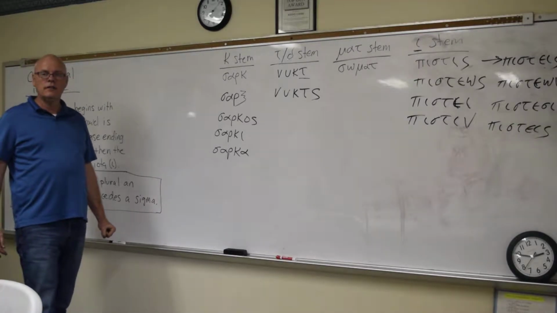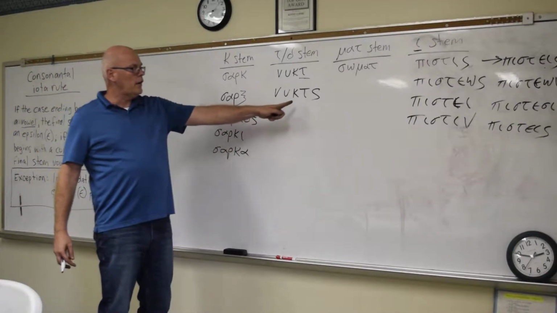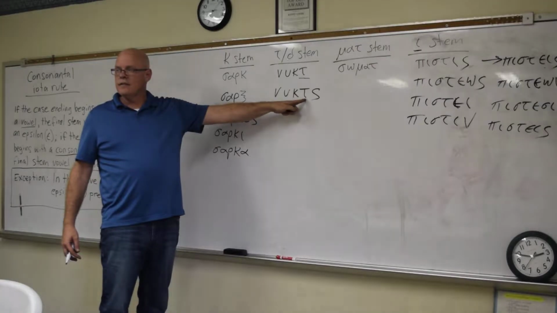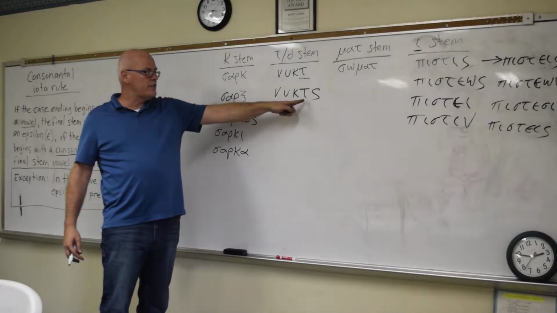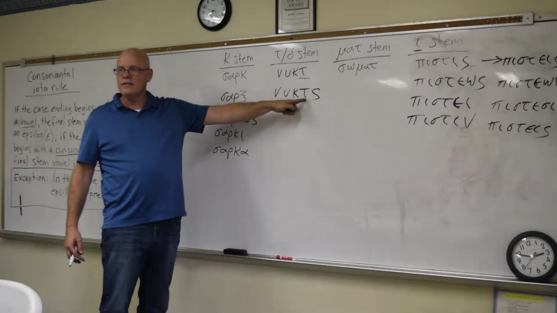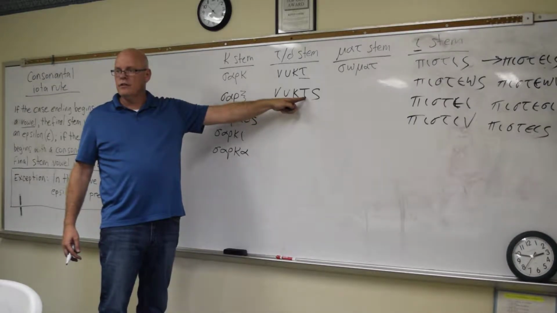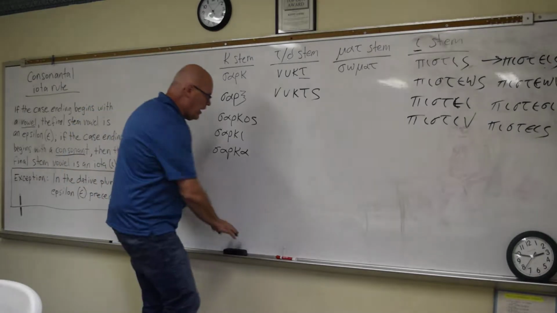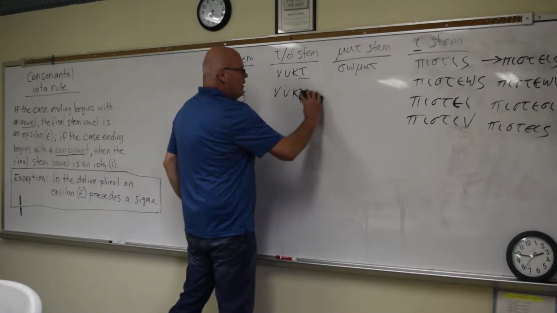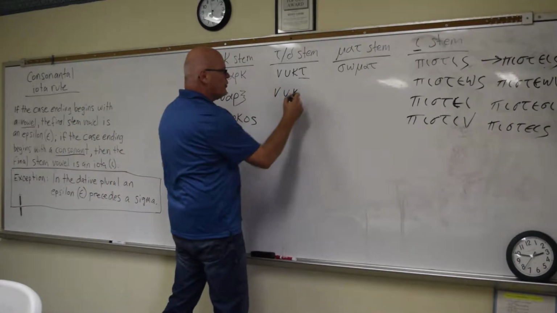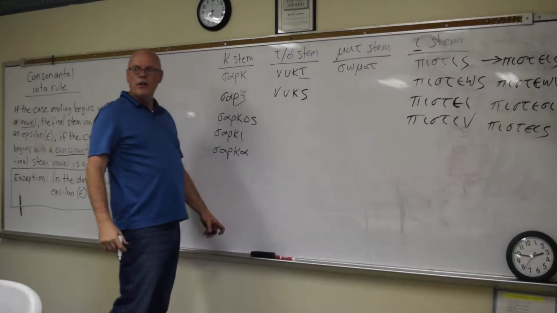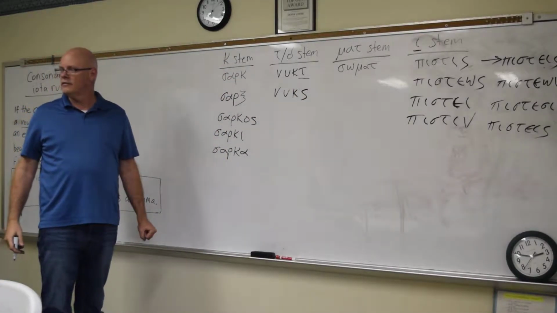I don't remember a contraction like that. These are the dentals, the tau, the theta, or the delta. When these go together, what happens? It just turns into a sigma. So this contracts, and then you just end up with a sigma. And then what happens?